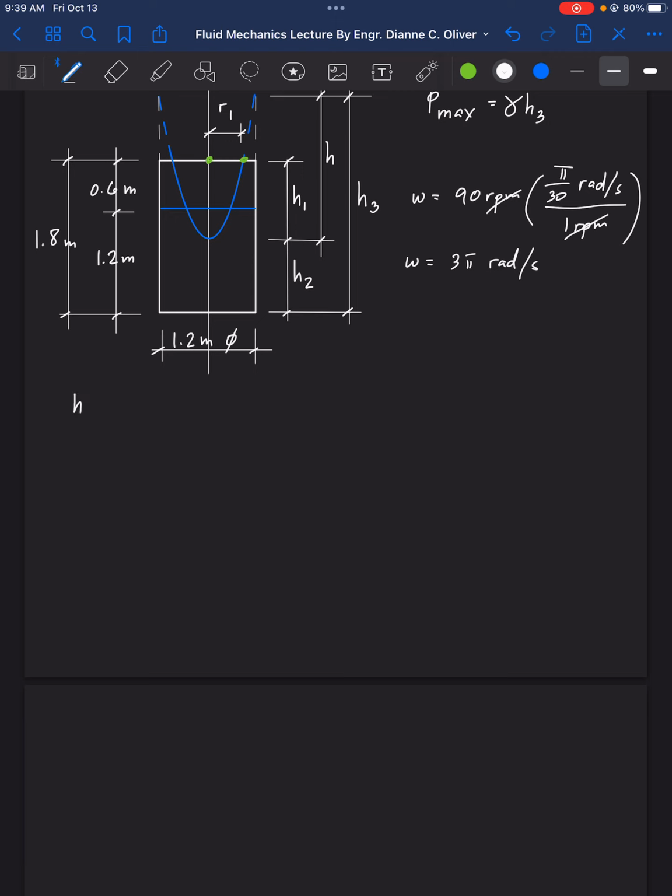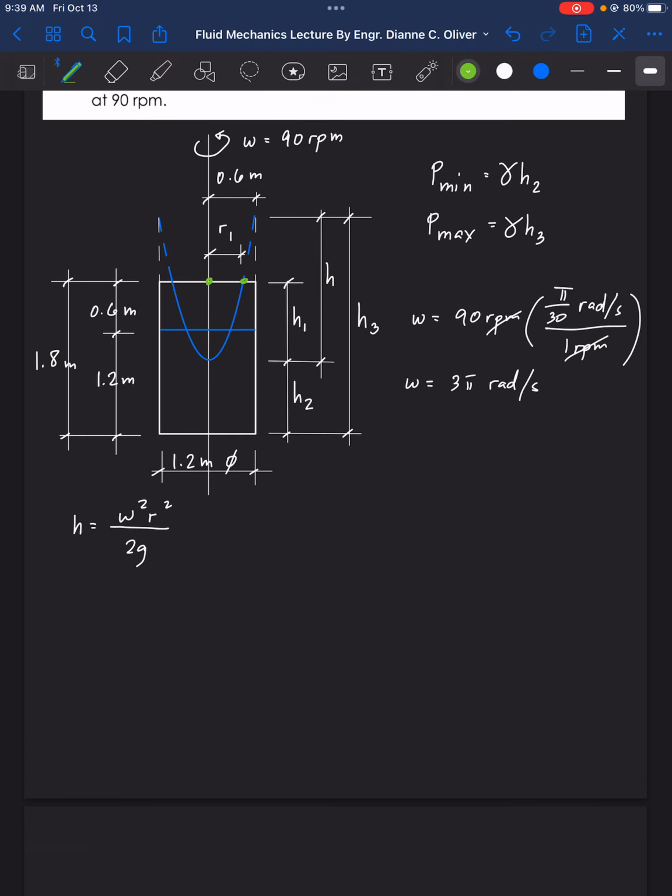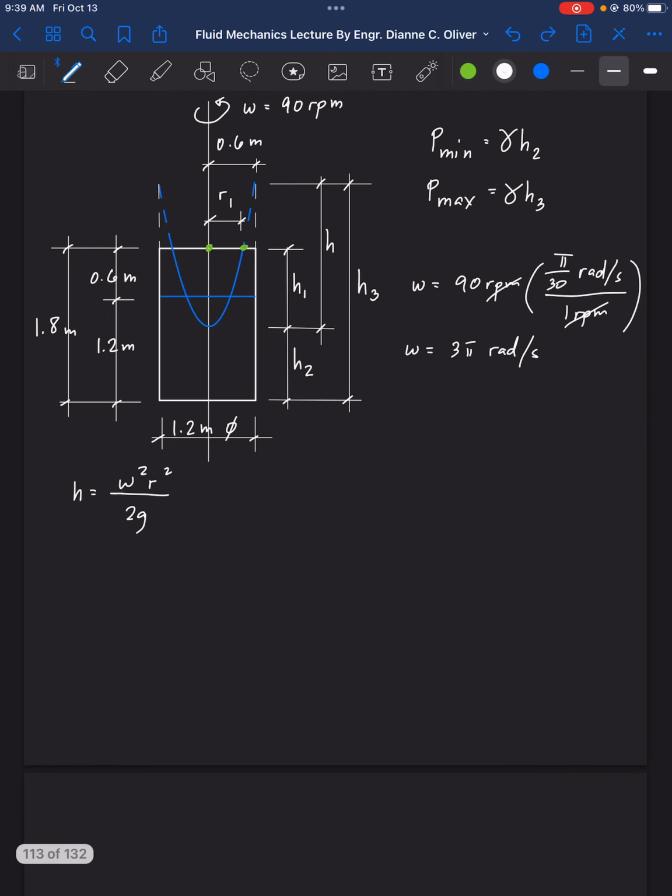Therefore, we have H equals omega squared R squared all over 2g for the H here. So what we're solving here is this H, this paraboloid here. H is equal to (3 pi) squared, R is 0.6, squared, all over 2 times 9.81.